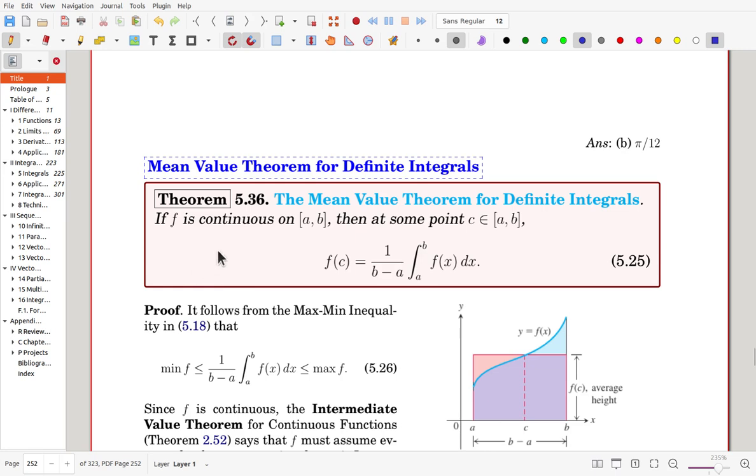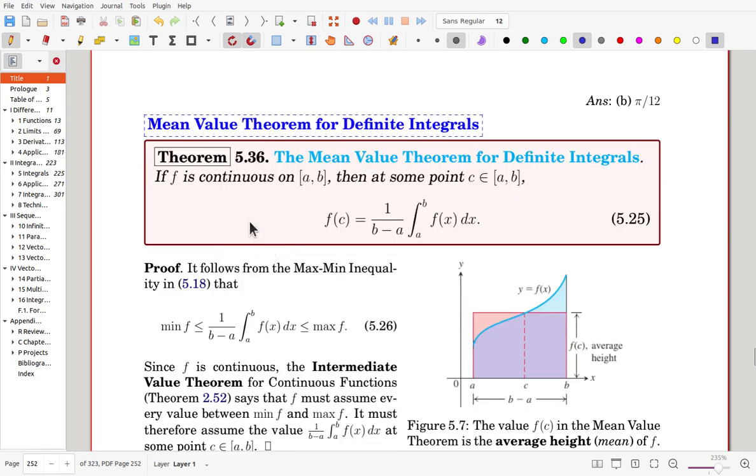Now we'll see the mean value theorem for definite integrals. f is continuous, that is the condition. F must be continuous. If it is not continuous, then you cannot say that.